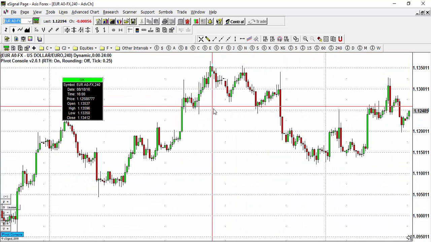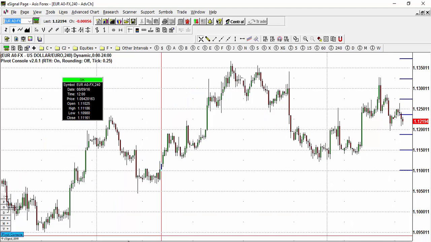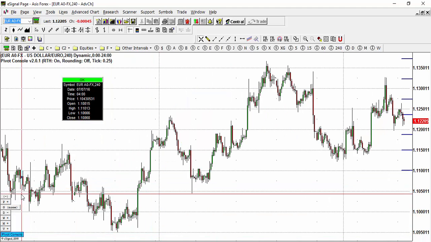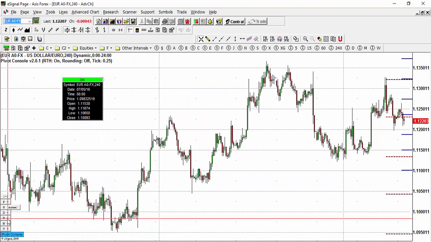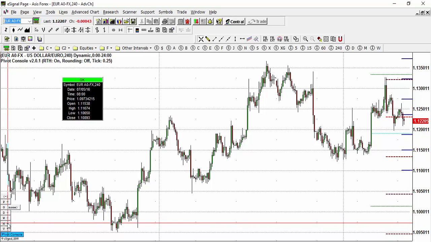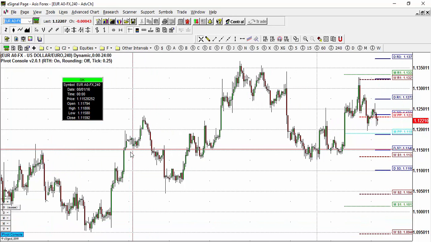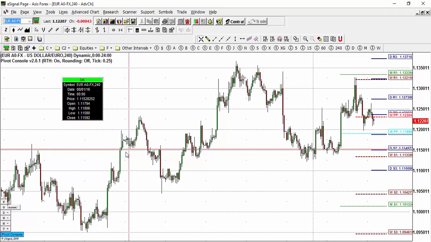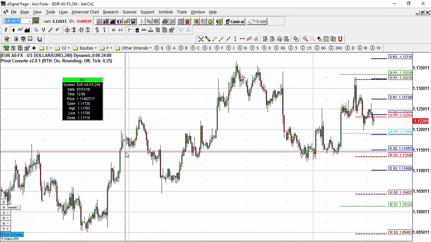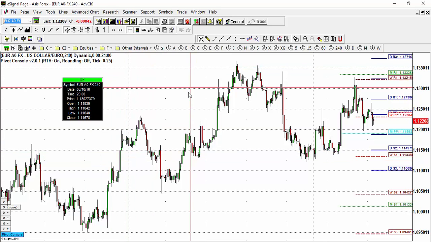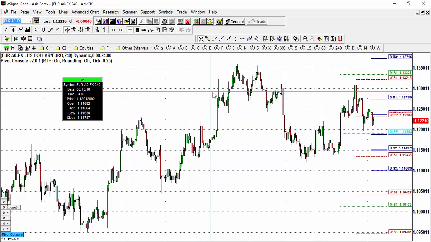The first one I looked at last week was the euro currency. I explained that the euro was coming up against resistance, monthly resistance, and also weekly resistance. That monthly resistance number was in that 113.33 level, and the weekly number was up at the 113.18 or so level.